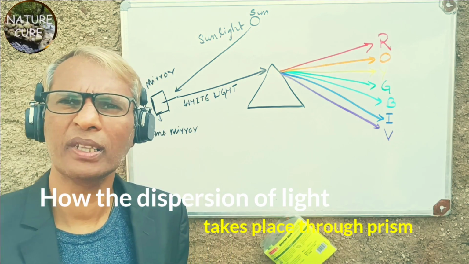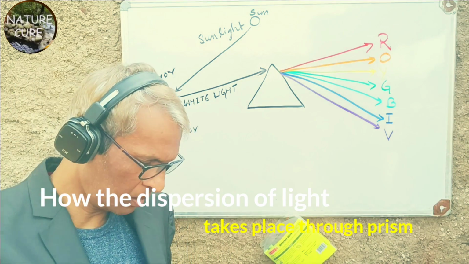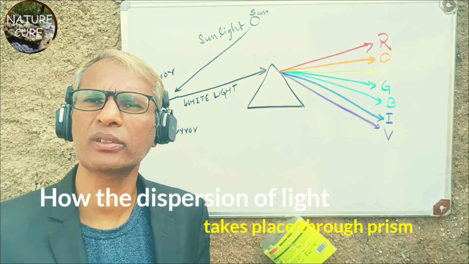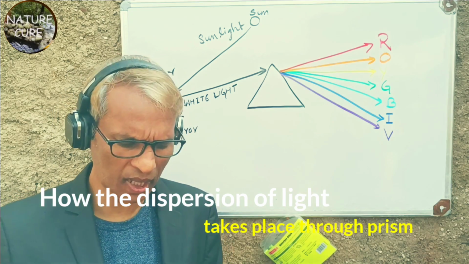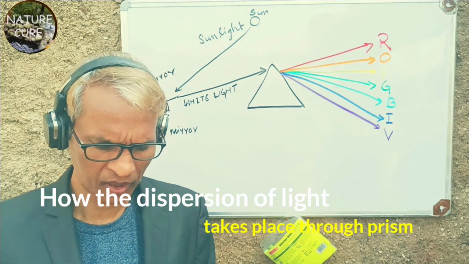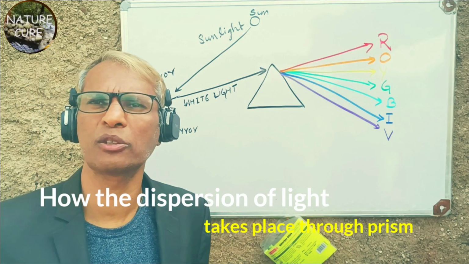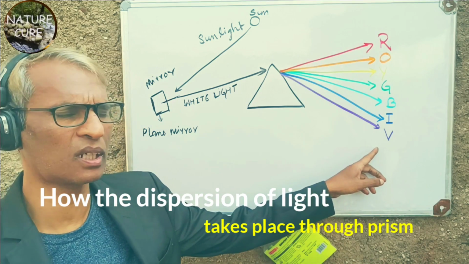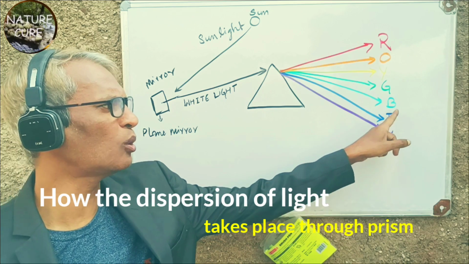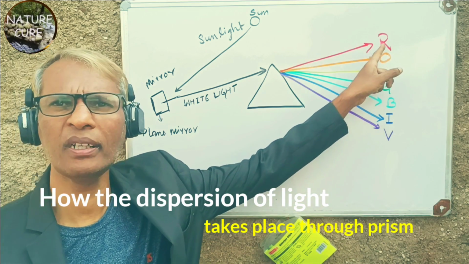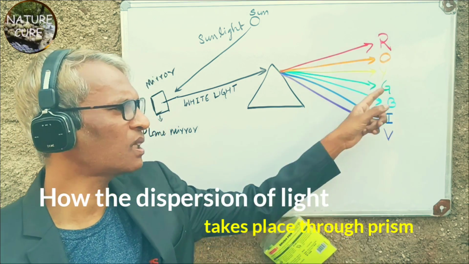So all the 7 colors of a rainbow are dispersed through the prism. When a white light is focused over the prism, it spreads and gets dispersed into 7 distinguished colors, that is violet, indigo, blue, green, yellow, orange and red. So these 7 colors are dispersed.